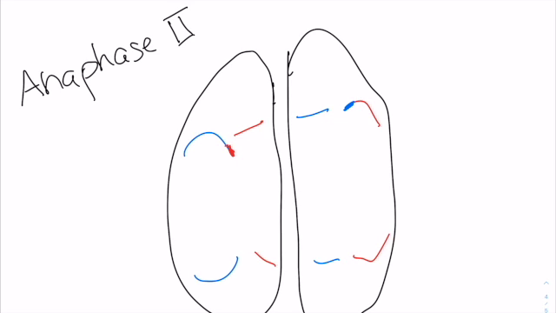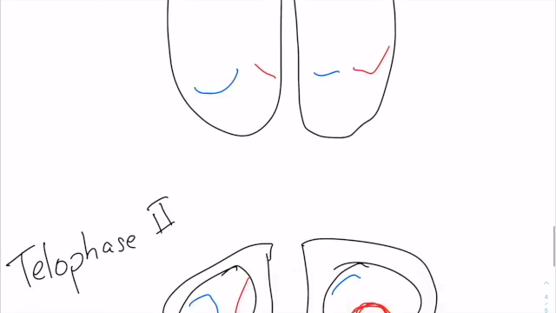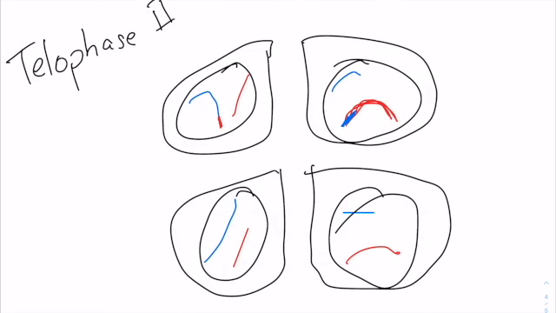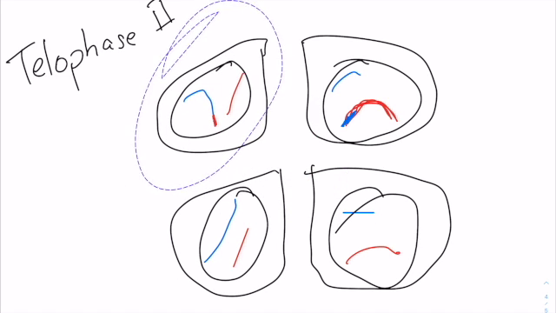See, no longer in the equator and no longer together. And finally, in telophase 2, nuclear membranes form around each set of chromosomes and the chromosomes decondense. Look, here you have they each got separated and got a nucleus.